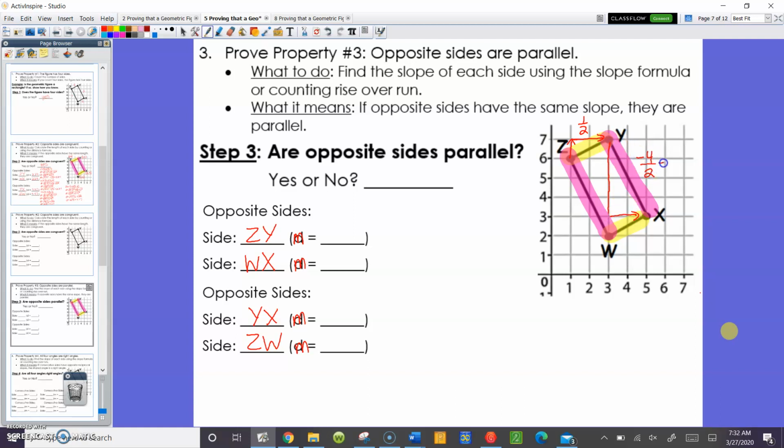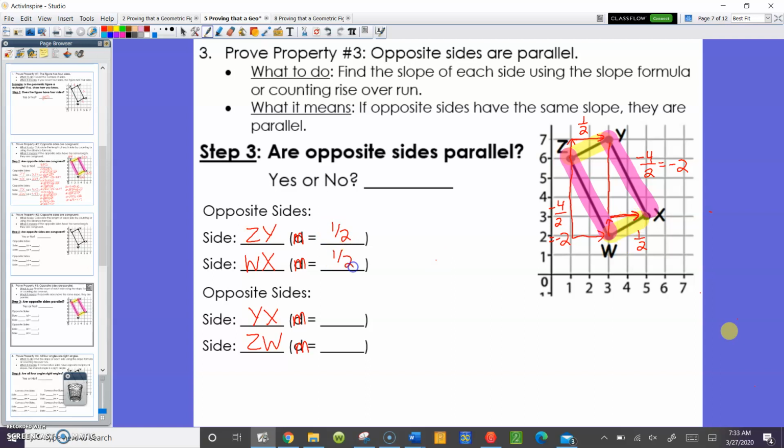That's a negative 4 over a positive 2, and that would simplify to be negative 2. For WX, I would go up 1, right 2, positive 1 over 2. And then for ZW, I would go down 1, 2, 3, 4, right 2. That's a negative 4 over positive 2, which simplifies to be negative 2. So now we know that ZY, we got 1/2.